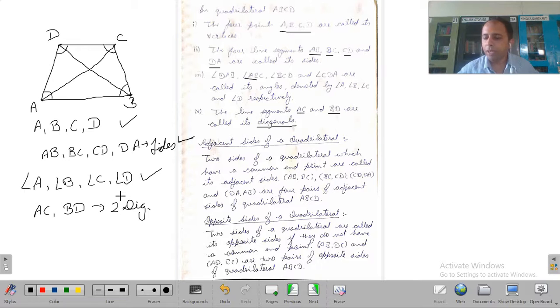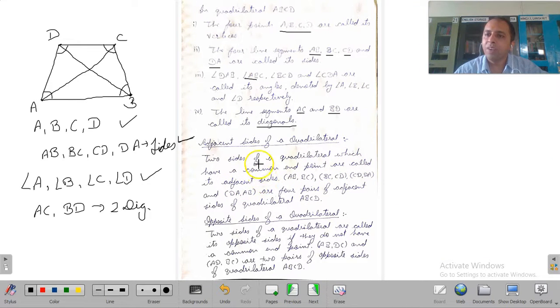Let's understand some common terms about quadrilateral. First is adjacent sides of a quadrilateral. So what do we mean by adjacent sides? Look at this figure. Two sides of a quadrilateral which have a common end point are called its adjacent sides.